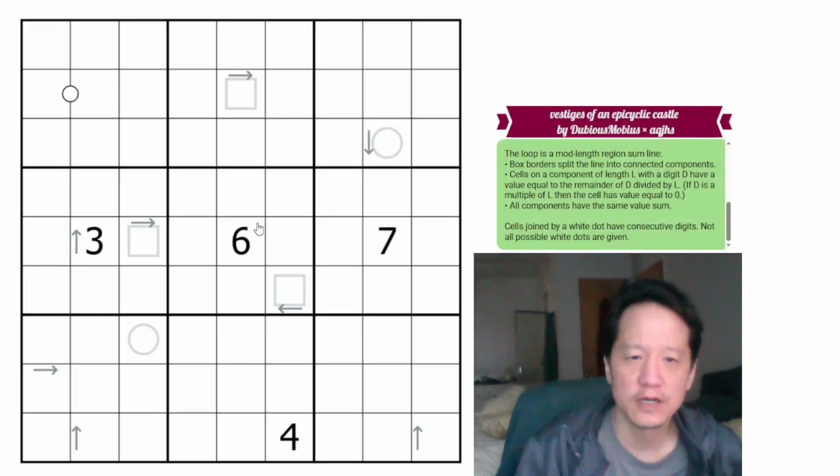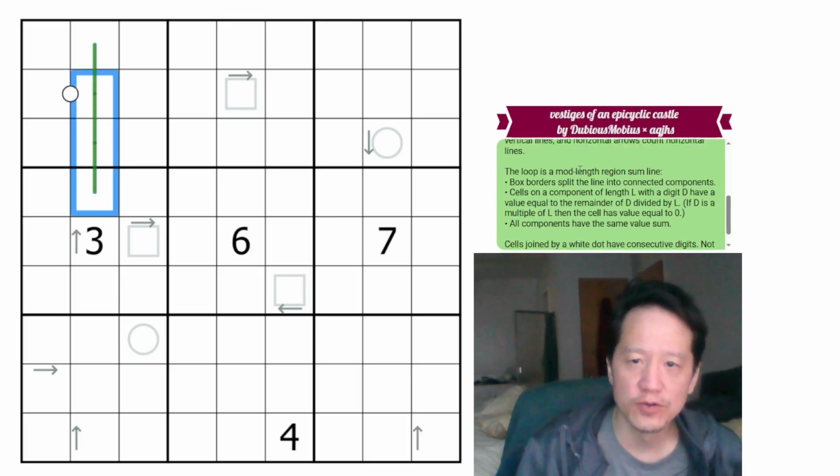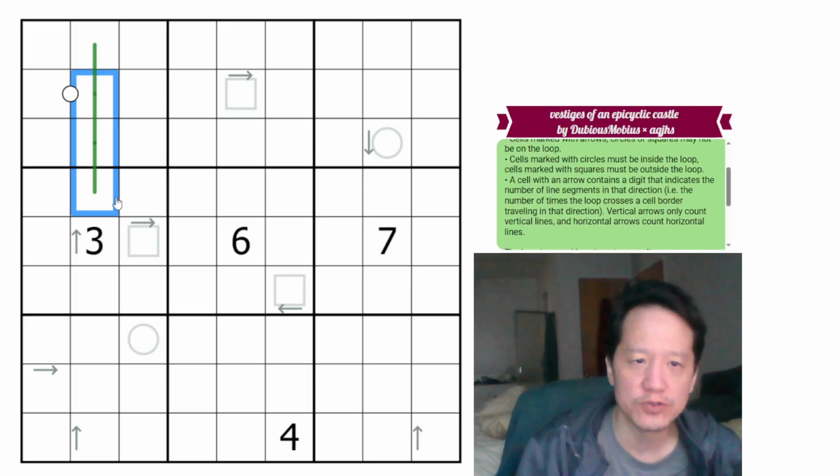Let's go. Okay, so like we said, this line must pass through these three cell borders, right? Because otherwise, it doesn't count toward the arrow. So this has to go this way, and then it turns here, or here, or here.